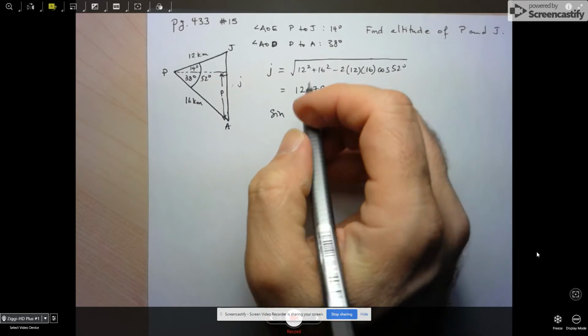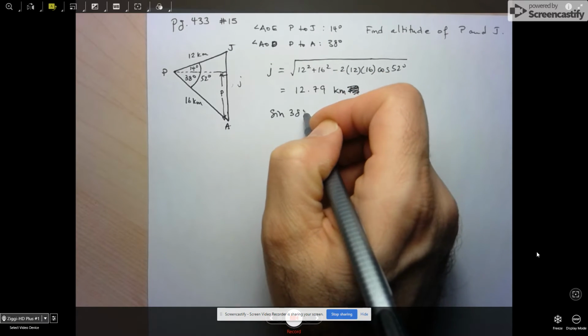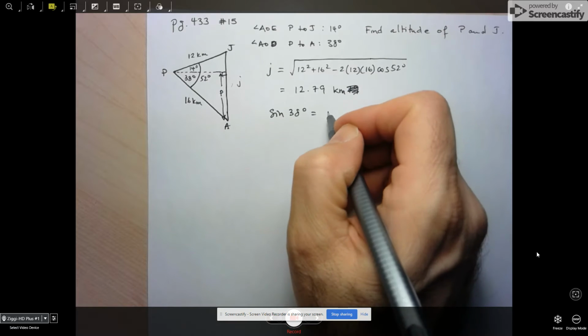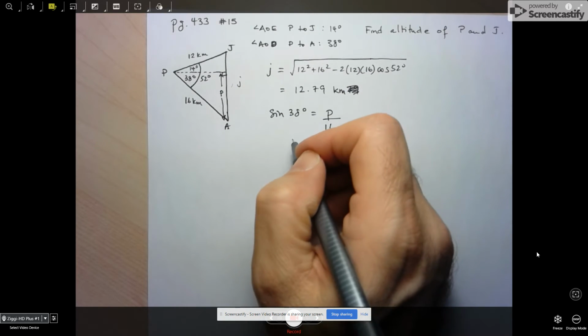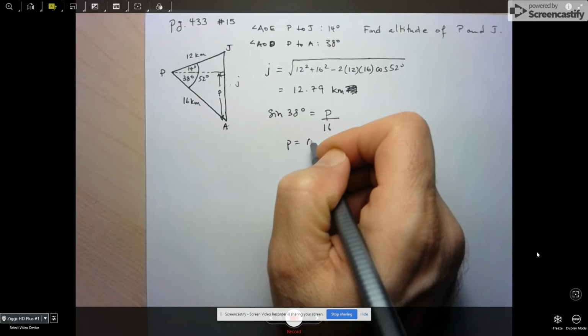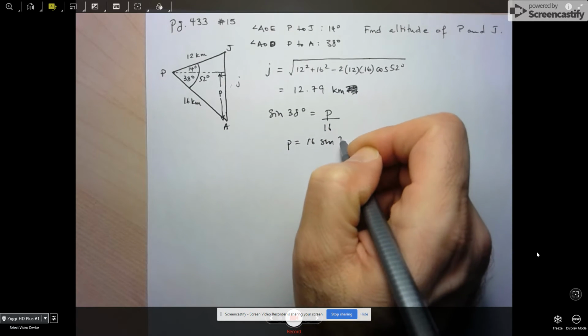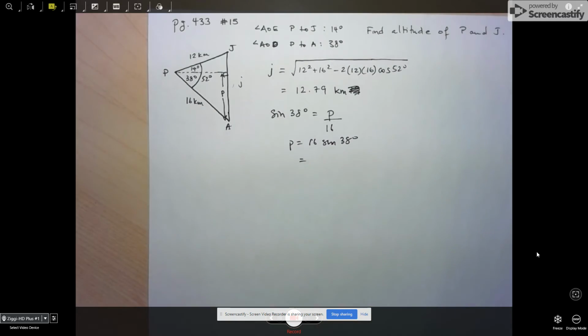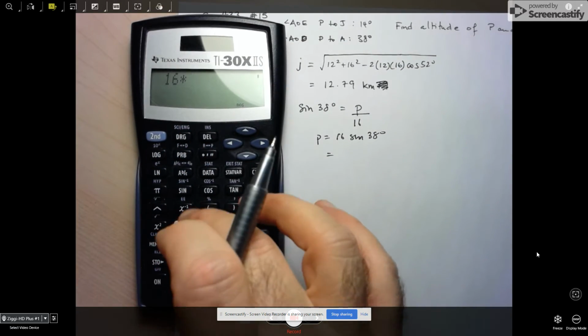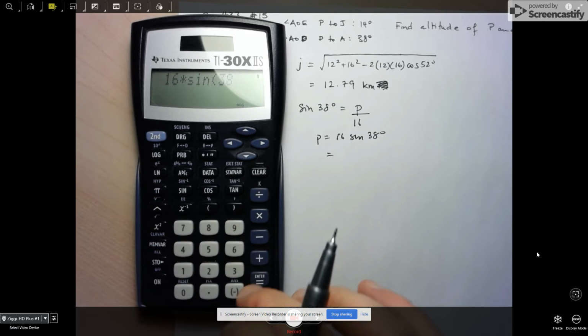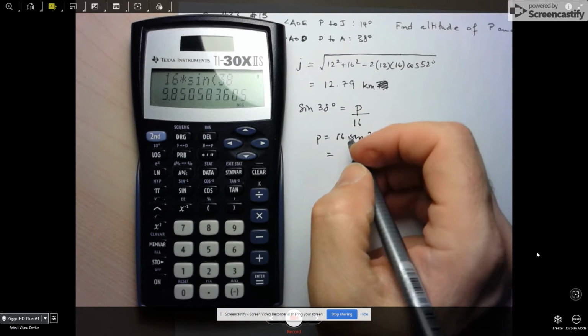Sine of 38 degrees is equal to the opposite side, which is P, divided by the hypotenuse, which is 16, so P is just equal to 16 sine 38, and that's equal to 9.85.